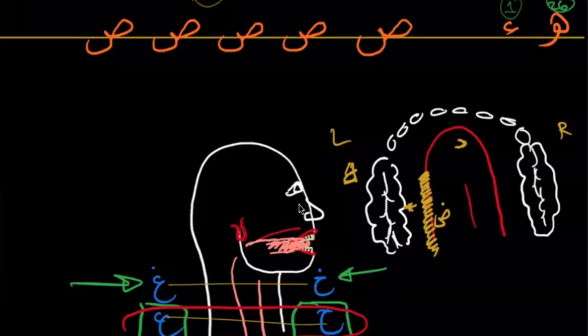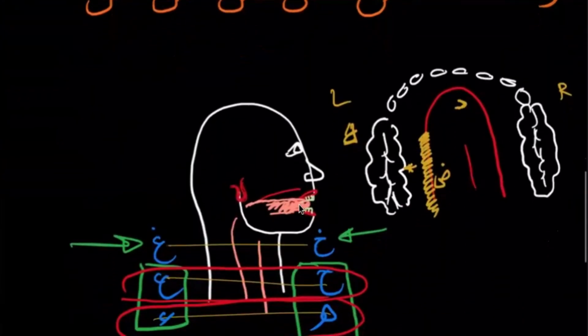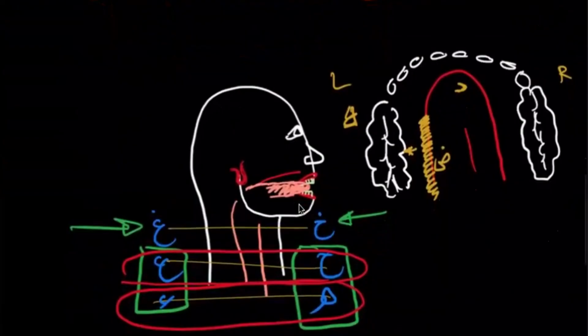Bod is the side of your tongue pressing against your molars. Completely different spot. So Bod is not really related to Dal in this way. Bod here doesn't have any family. Dal though does, because Dal and Ta and Pa, they all come from that spot. Pa, Ta, Dal.